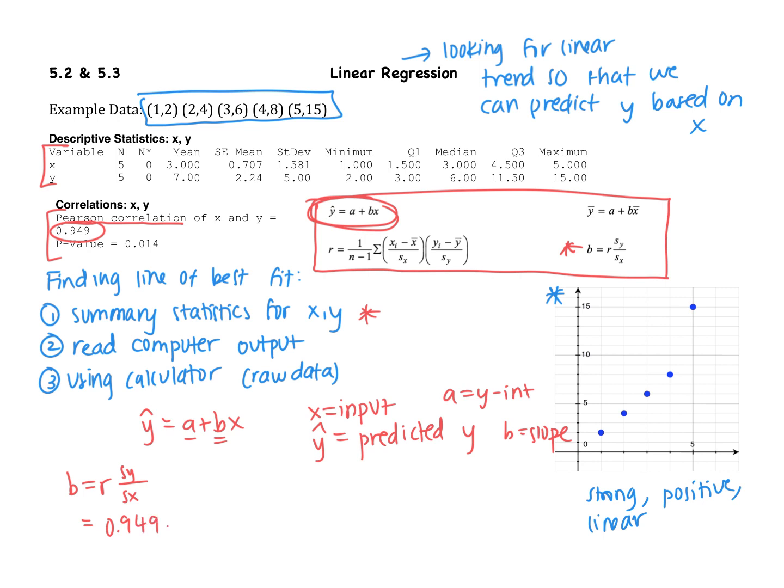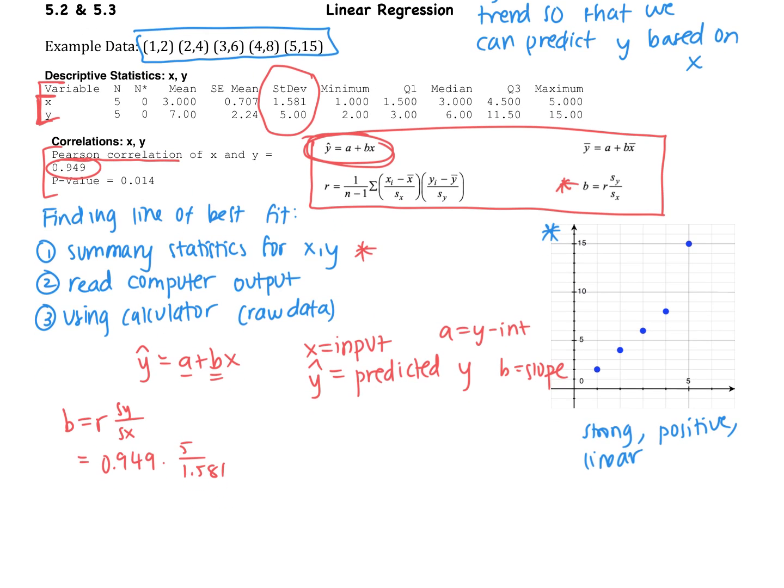And then if we look at this x and y part, here is the standard deviation. So the standard deviation of y is 5. Standard deviation of x is 1.581. So if you can calculate that, please.